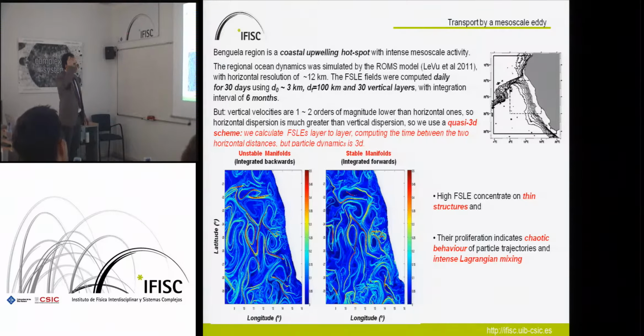And there are 2 conclusions that we draw from here: that these high FSLE are concentrated on very thin structures, they are practically lines, and also that they are all over the domain. The proliferation indicates that we have chaotic behavior of particles, and so we have intense mixing in the sense that the fluids from one region of the domain will eventually end up very fast in another region of the domain.